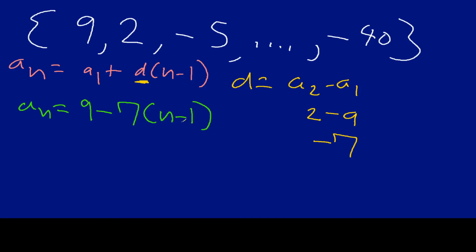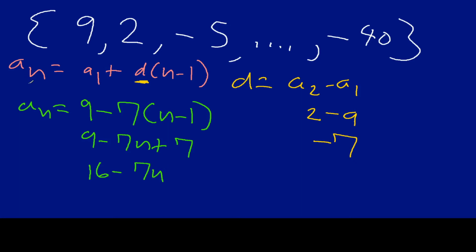We do some basic algebra. We distribute the -7, so we get 9 minus 7n plus 7. Then we combine like terms, 9 plus 7 is 16. So our explicit formula is 16 minus 7n.